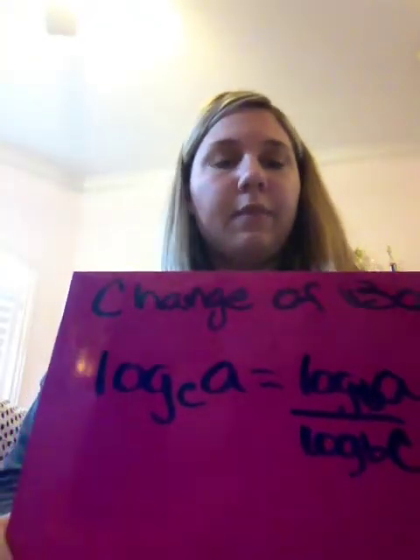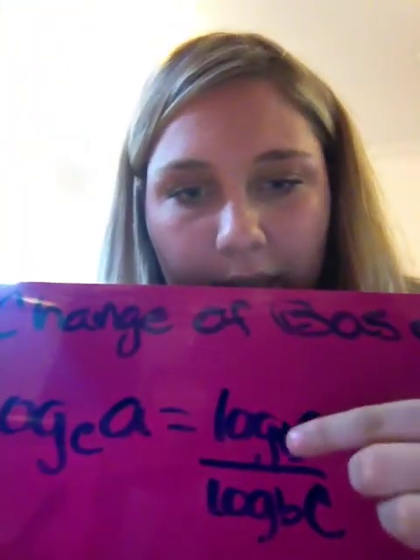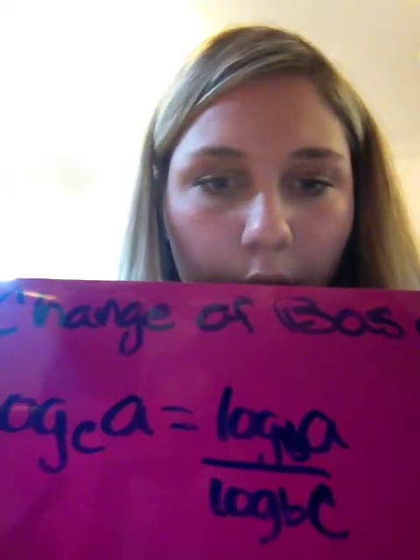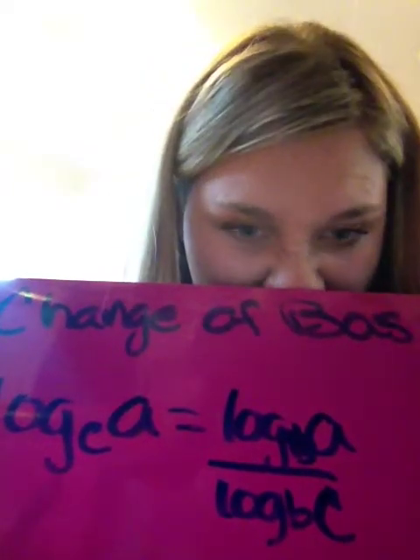That's the change of base formula. Wow, we can't read that. Well, I just told you what it says. The messy scribblish stuff right there. That's B. That's log base B of A. I promise.